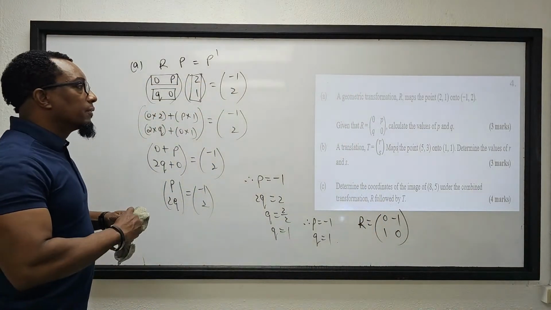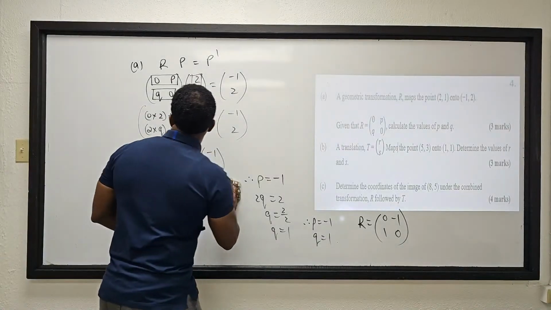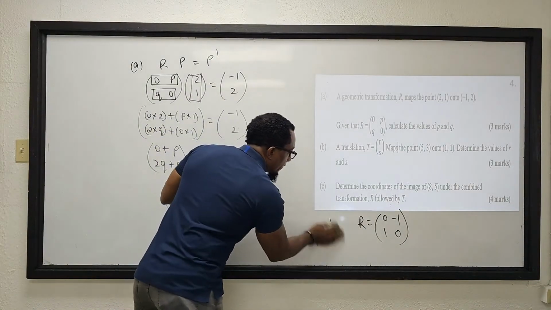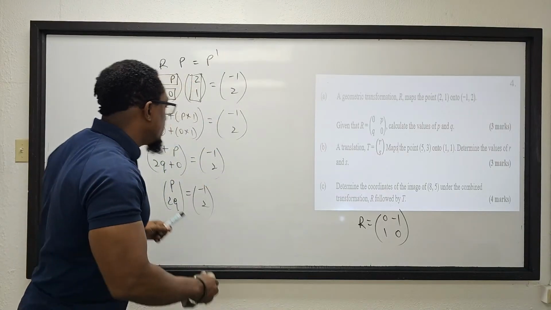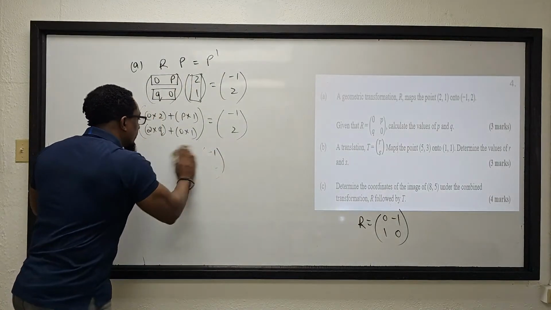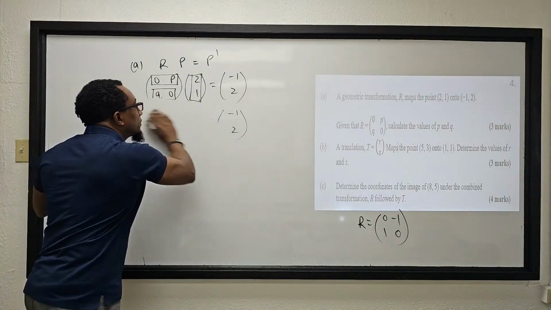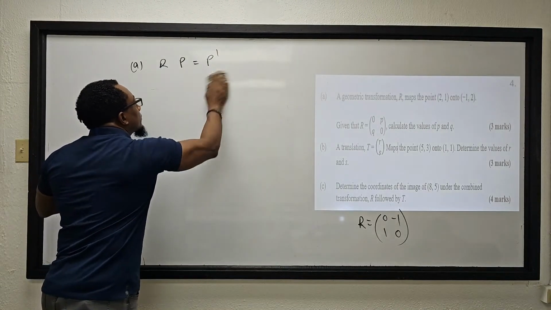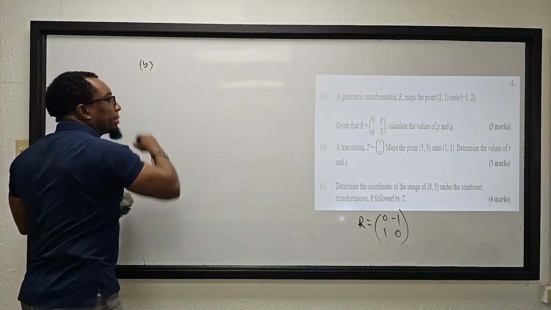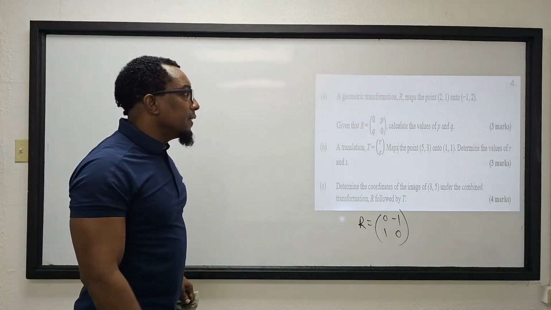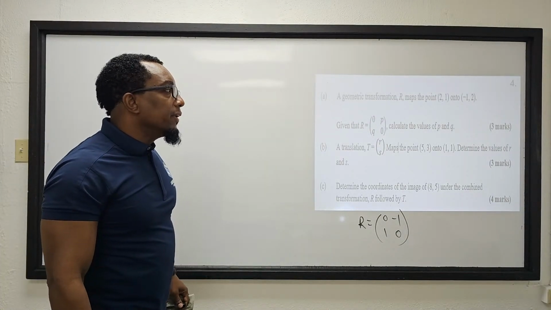Alright, so that is R. I'm giving this here because we have to apply R in part C of the question. So moving on to part B, a translation T maps the point (5, 3) onto (1, 1).